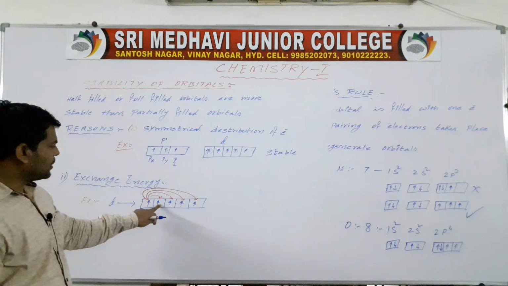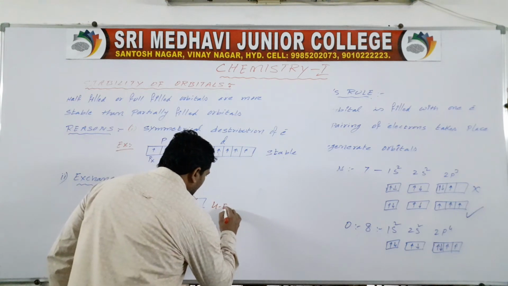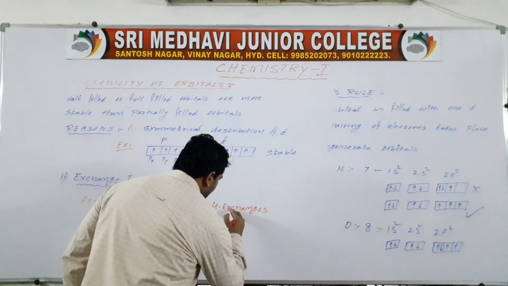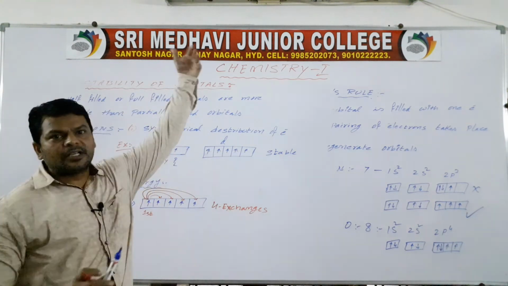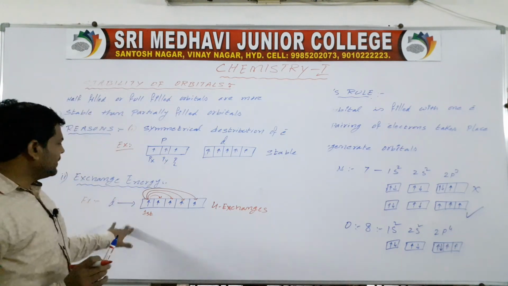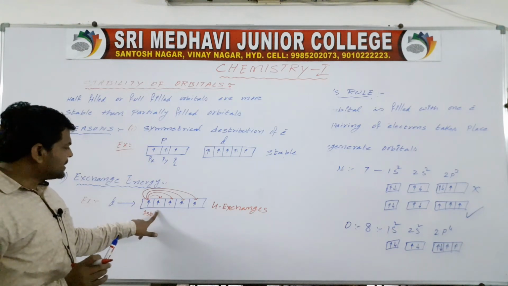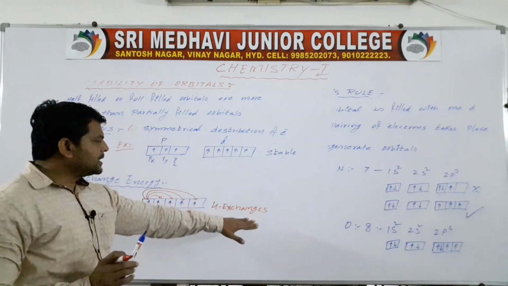How many exchanges? 1, 2, 3, 4. 4 exchanges. So due to 4 exchanges, it is more stable.